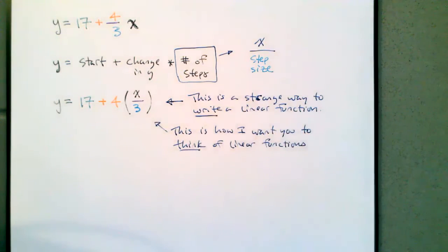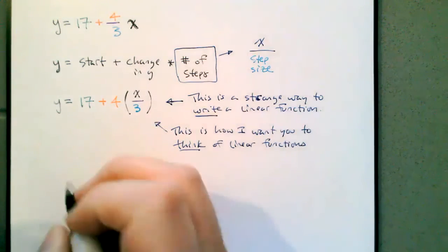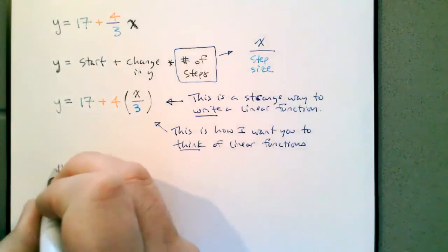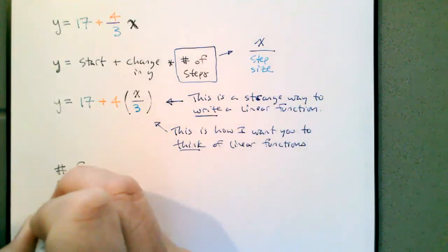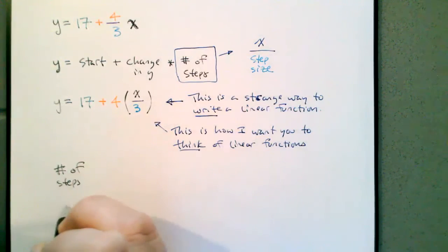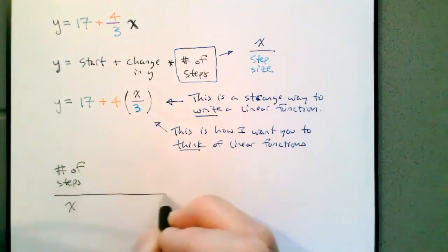I want you to identify the step size and imagine taking the x and dividing it by the step size, so that when we're multiplying by 4, that is counting the number of steps. So in our table of values, I had one row for the number of steps, and I had the other row for the x.